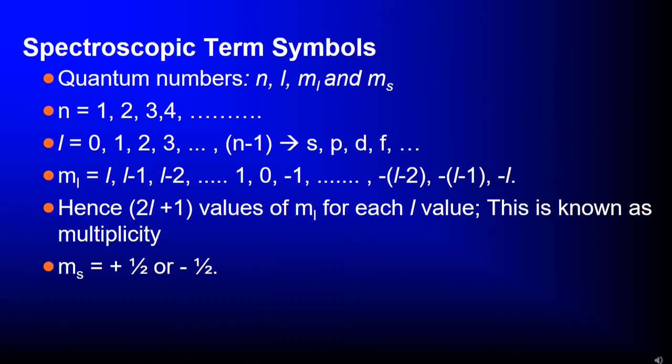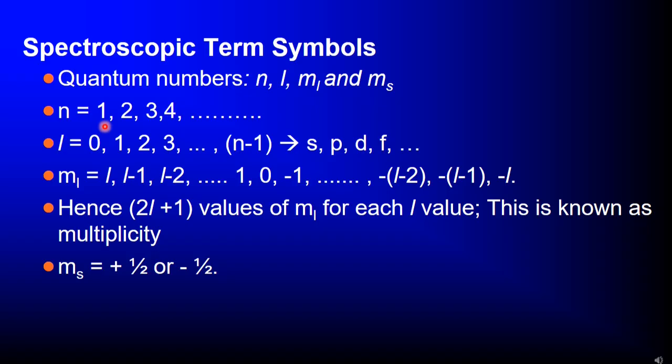So for the term symbols, we know that the quantum numbers are N, L, ML, and MS. N talks of electronic energy levels, 1, 2, 3, 4, as you continue. Then we have the L, where we can start with 0, and then we have 1, 2, 3, up to n minus 1, and that is done with the S, P, D, F orbitals.